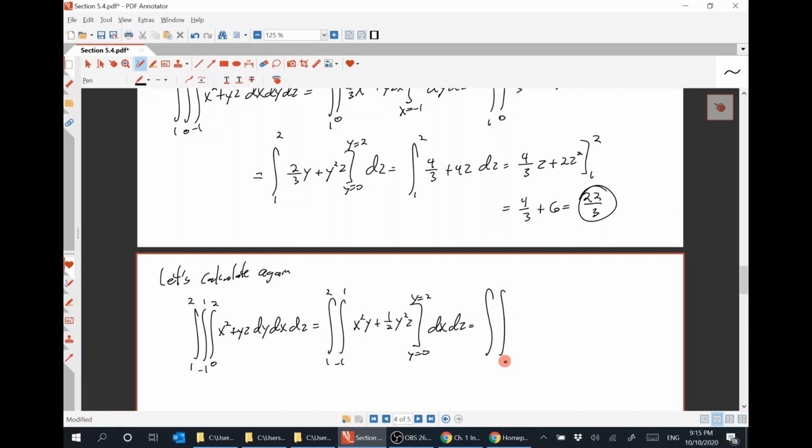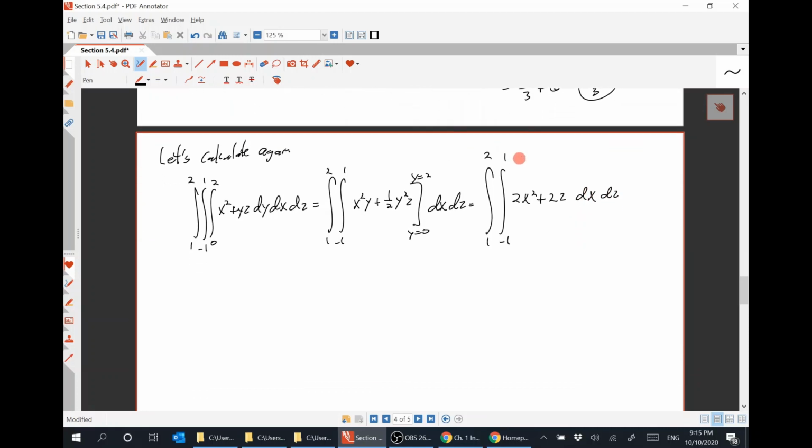So this becomes, at 2 you have 2x squared, and then at 0 you get 0. At 2 you get 2z, and at 0 you get 0. dx dz.